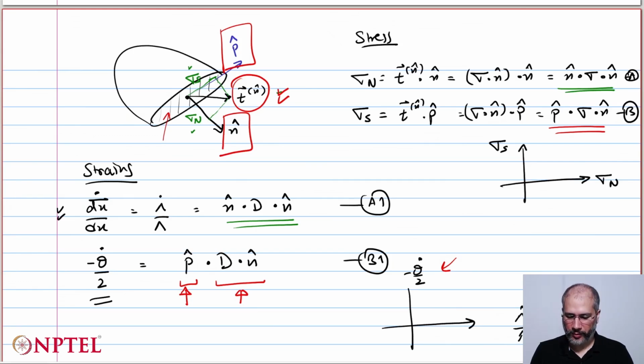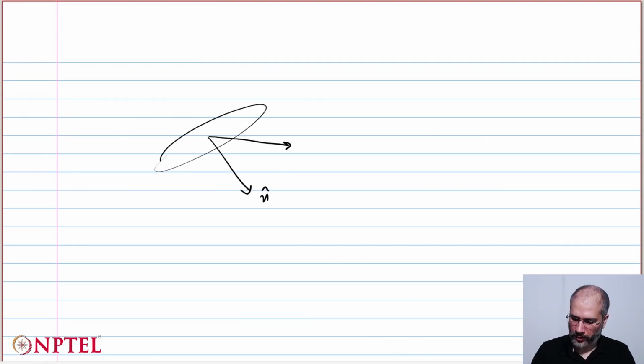And actually, if you think about it, then for this choice of p hat, which is in the plane formed by d dot n hat, which is similar to a traction vector in stresses, and n hat, that dot product will be the maximum in this case. But as I rotate my p hat in the plane perpendicular to n hat, my values of p dot d dot n will vary. So let's draw it. So we have an n hat, which is some direction, and this is a plane in which I'll have to find a p hat, and this vector is d dot n hat.